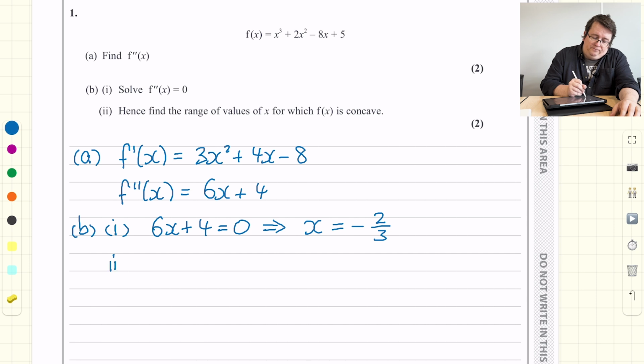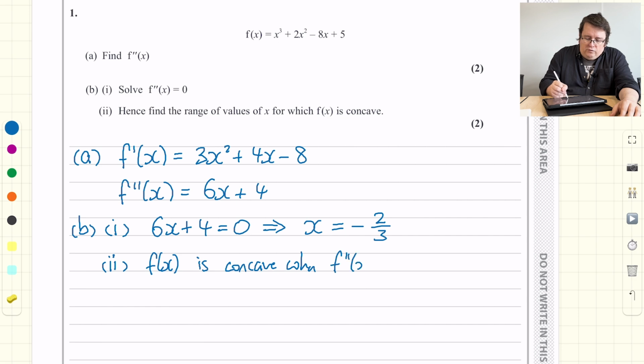And then part 2, hence find the range of values of x for which f of x is concave. So f of x is concave when the second derivative is negative. So 6x plus 4 is negative. Subtract 4 from both sides, divide through by 6.